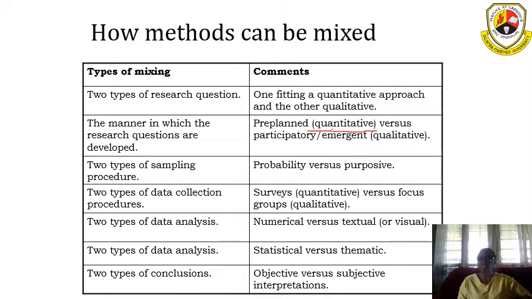The third is on the sampling procedures. In the previous pre-recorded videos on qualitative and quantitative research designs, we talked about sampling. In qualitative research, the sampling emerges from the research focus.